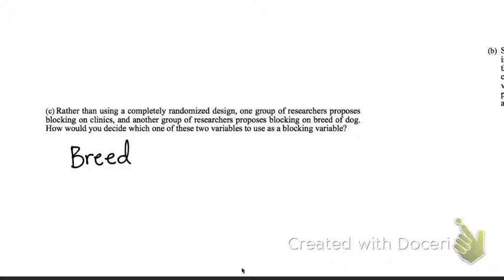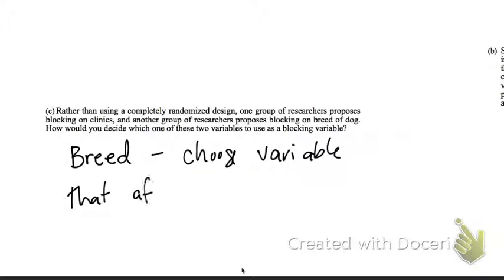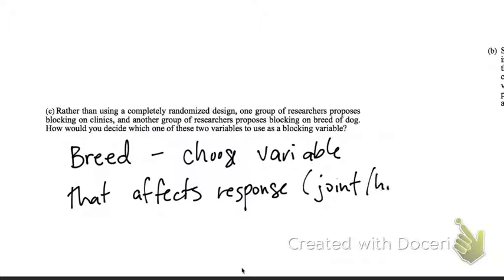So part C is scored by saying you need to argue that the variable with a stronger relationship to joint and health should be used. If you didn't say breed, that may imply breed, but you would choose the variable that affects your response, joint and hip health, the most.